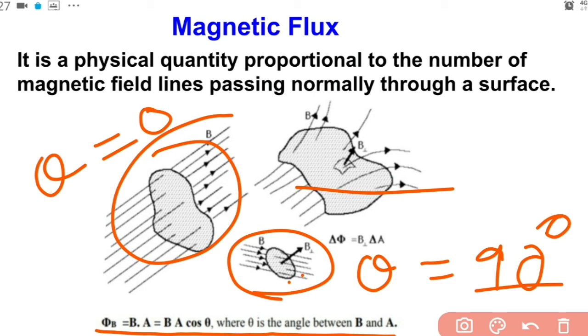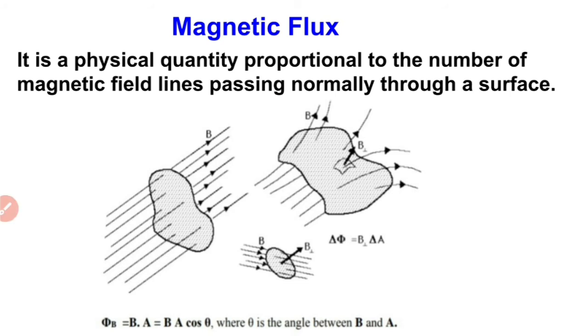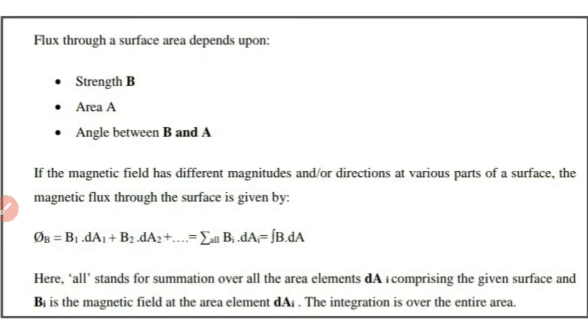So in short, magnetic flux is a physical quantity which is proportional to the number of magnetic field lines passing normally through a surface. And so we can say that the flux through a surface depends on the strength of the magnetic field, the area, and also on the angle between B and A. Now, if the magnetic field has different magnitudes or directions at various parts of a surface, the magnetic flux through the whole surface is given by, through each surface you have to find the flux, then you add.